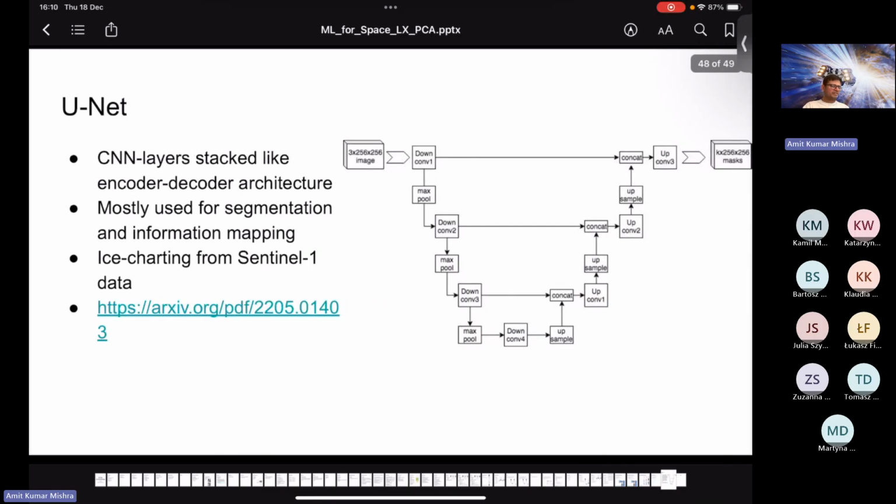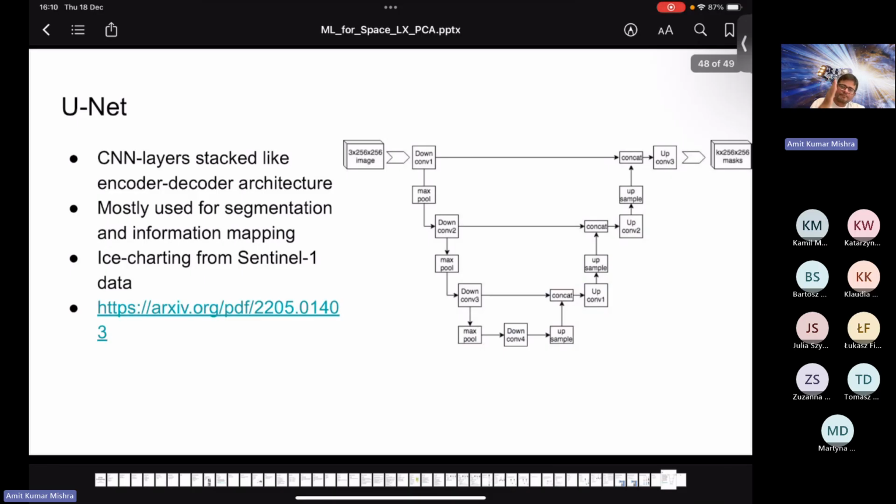One last architecture for this part is UNet. You can see it looks very similar to encoder decoder. So it's one of the members of the broader family we can call encoder decoder networks. The difference is that in a simple encoder decoder, the encoder part is a neural network and the decoder is a neural network.